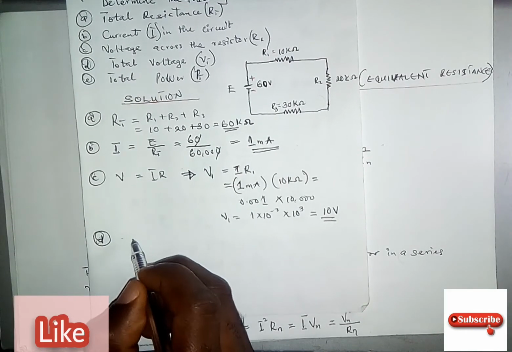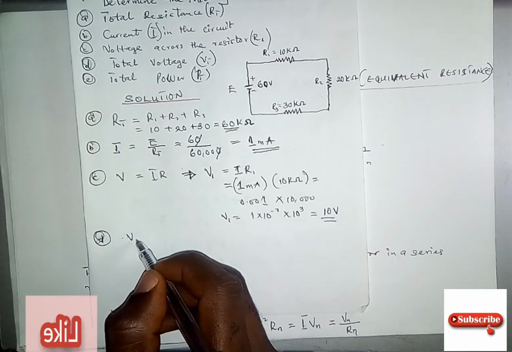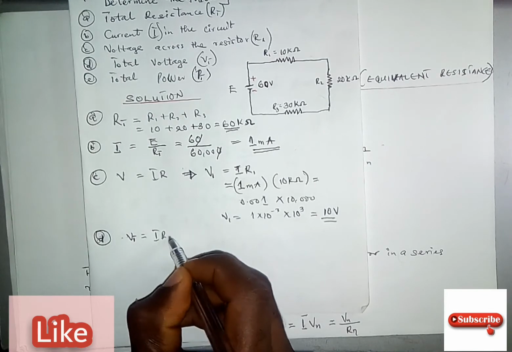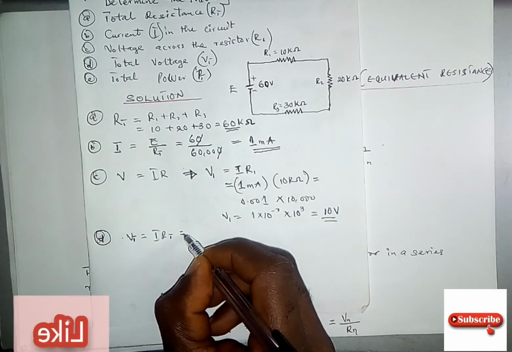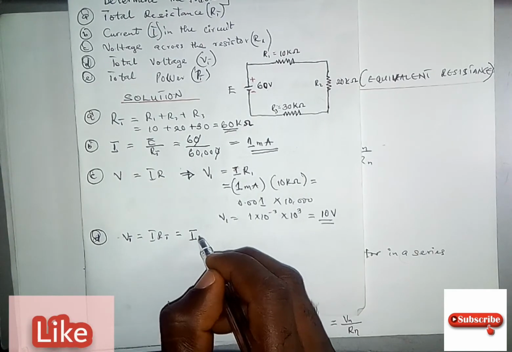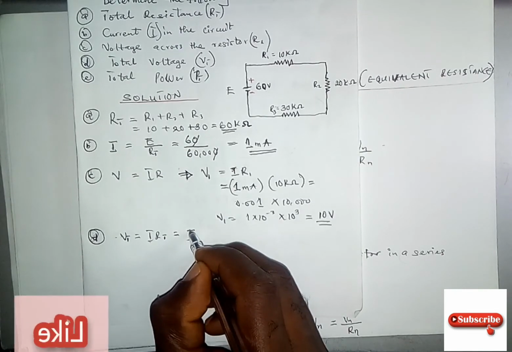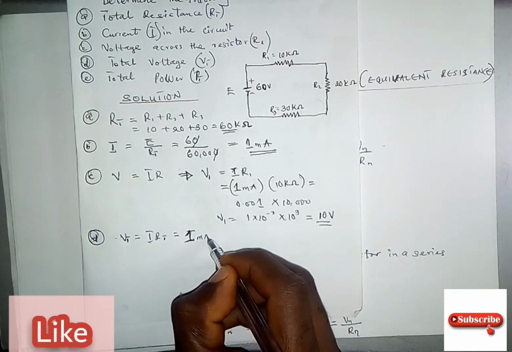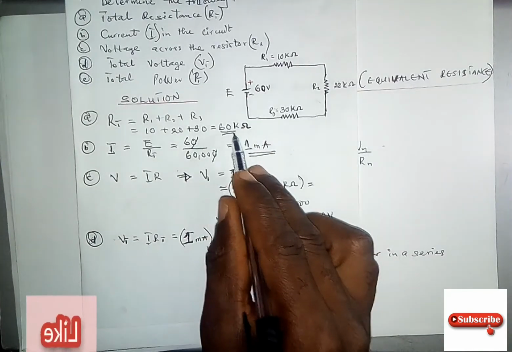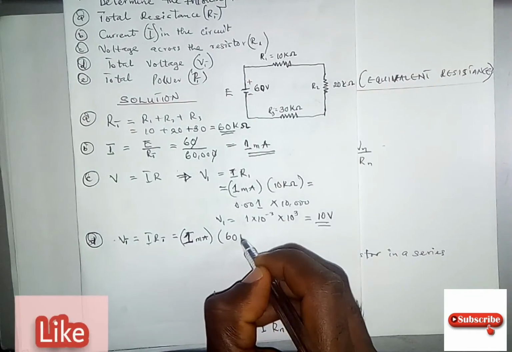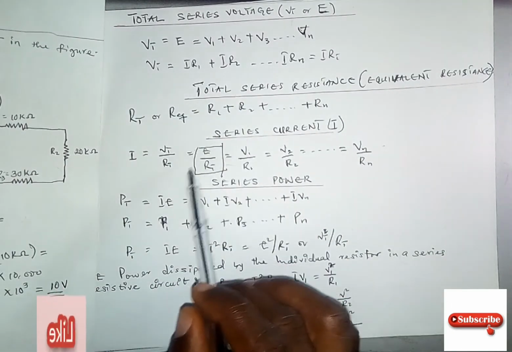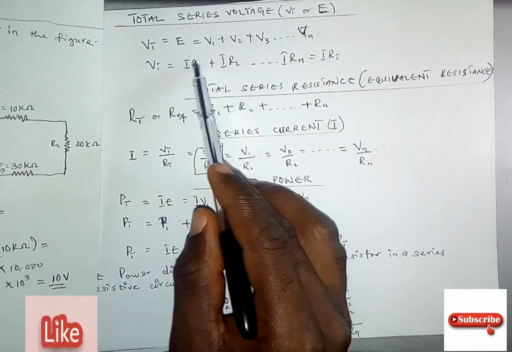So VT is the same thing as I times RT, which is 1 milliamp times RT. Our RT is 60 kilo ohm. So that is what we have here if we are to look for the total voltage.